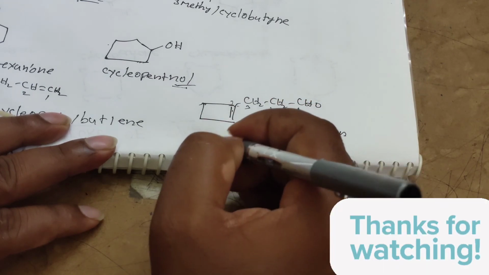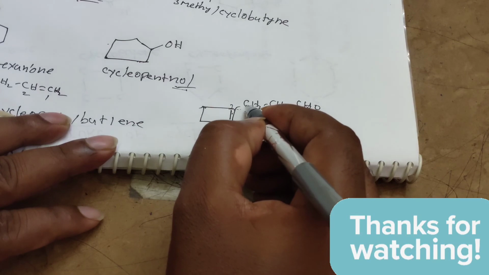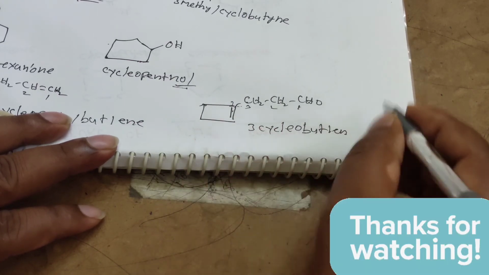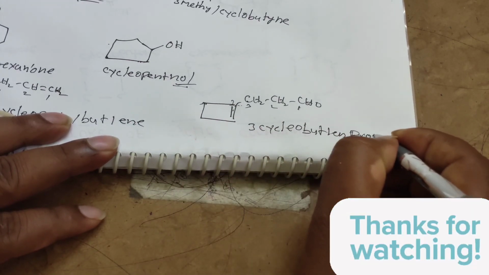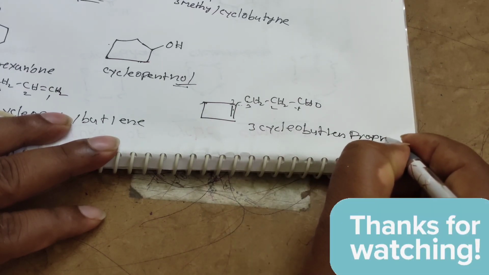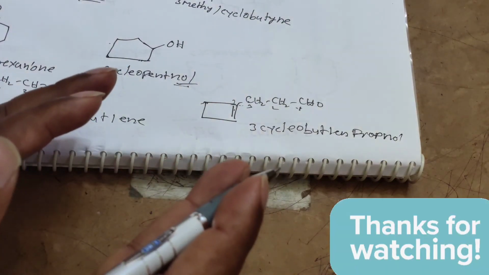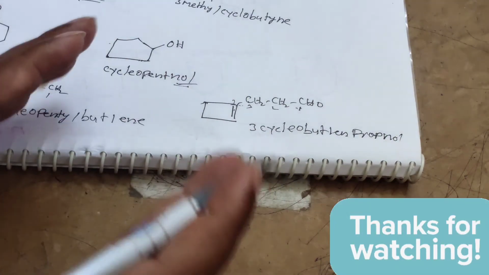Here they have the double bond, and the number of carbons is here 1, 2, 3. So prop, and here it is the aldehyde group. That's why I am writing propanal. So you can give the nomenclature like that.